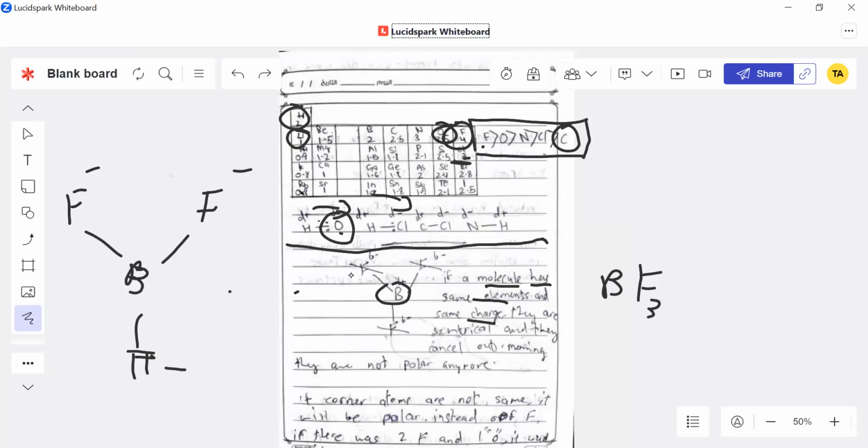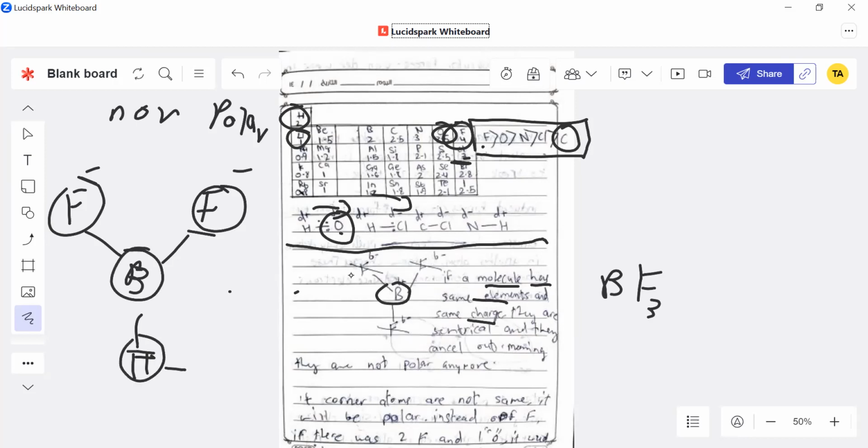And because of this, it will become a non-polar molecule. Now, fluorine is the outer element, and boron is the central atom, or the central element. And when the outer elements have the same charge, you can cancel these 3 charges. Why is that? Well, because boron, right?